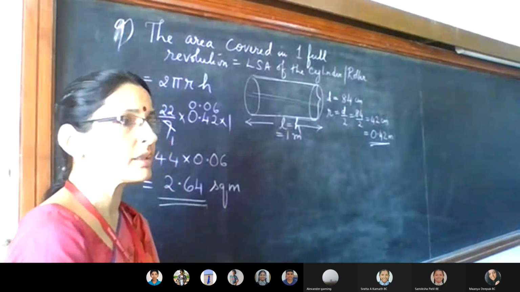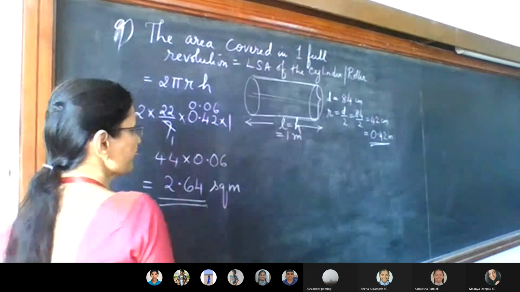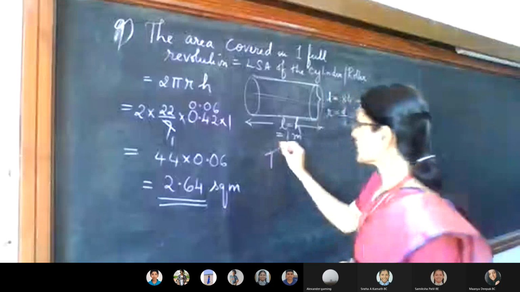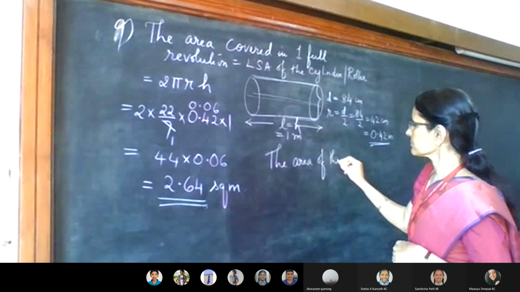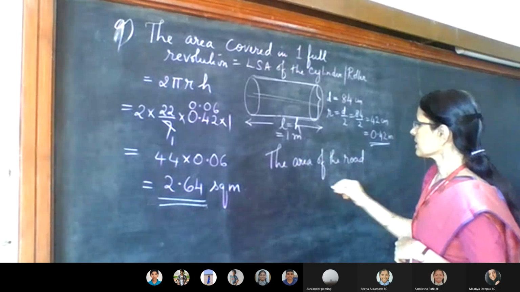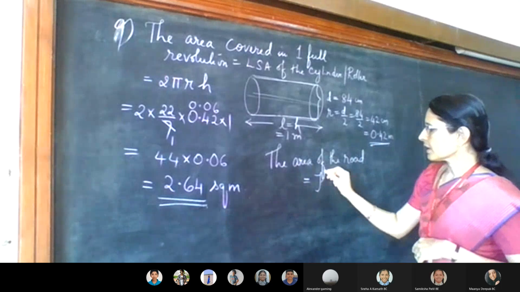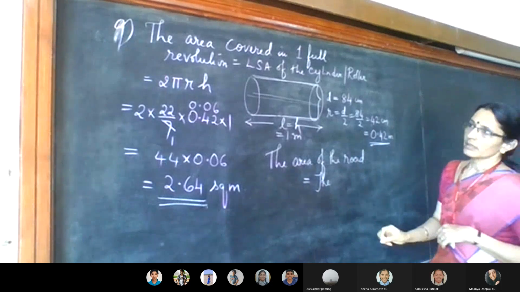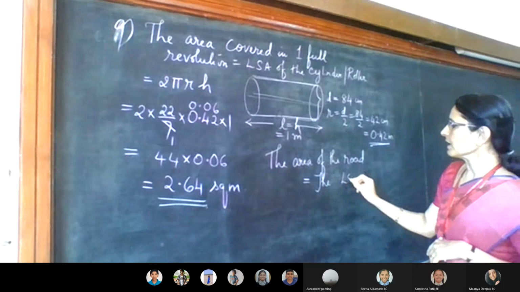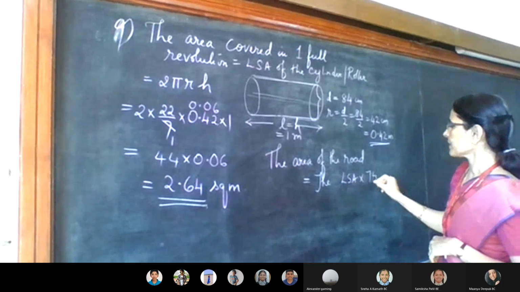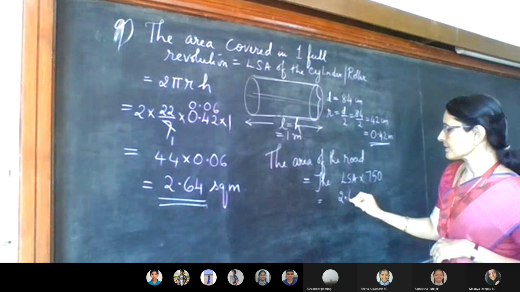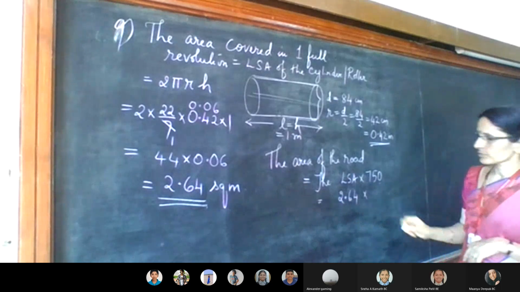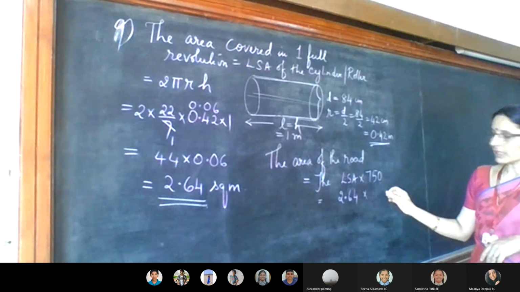Find the area of the road. So I'll continue here. The area of the road is equal to the LSA into 750, which is 2.64 into 750. Any doubt?